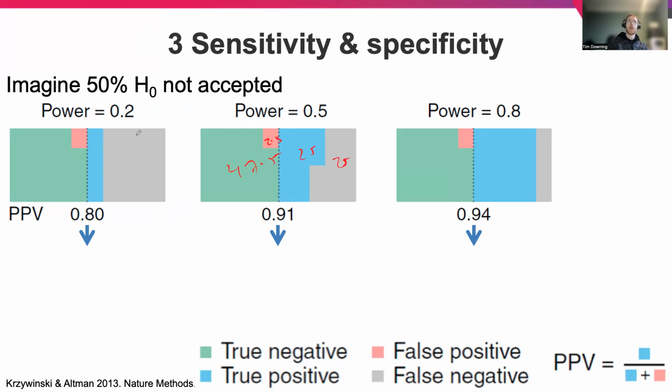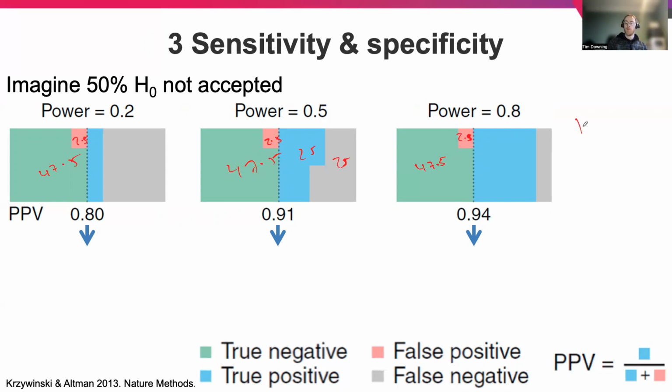And what's worth noting is that you see that the false positives don't actually change size here. That's 2.5, that's 47.5, that's 47.5, that's 2.5. And then what we see on the right-hand side is that our power changes. So power goes from 0.2 to 0.5 to 0.8.